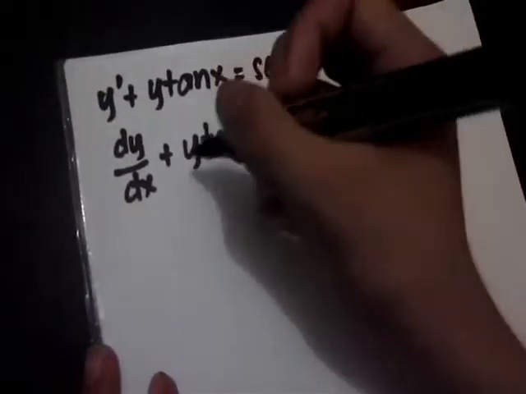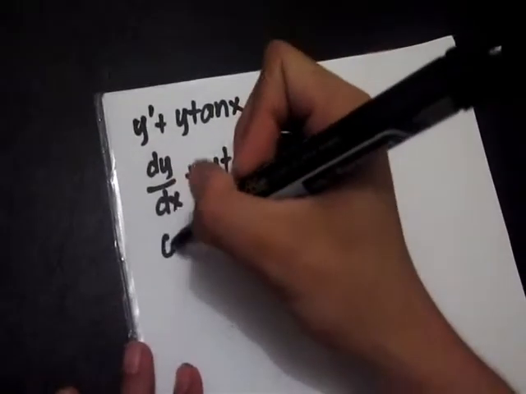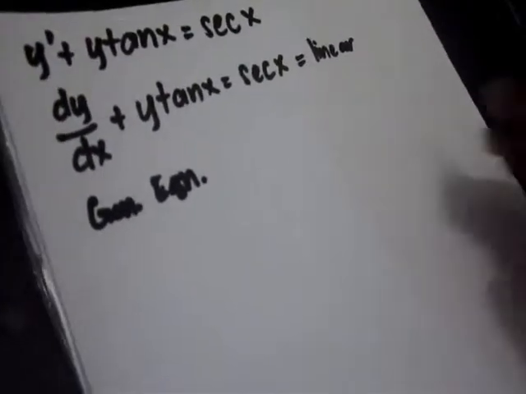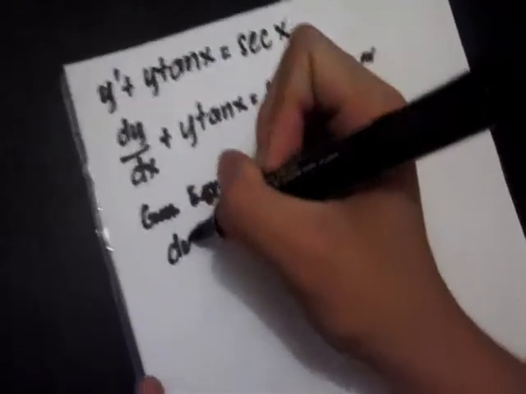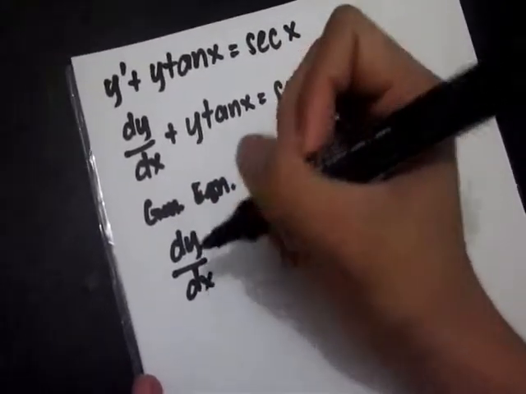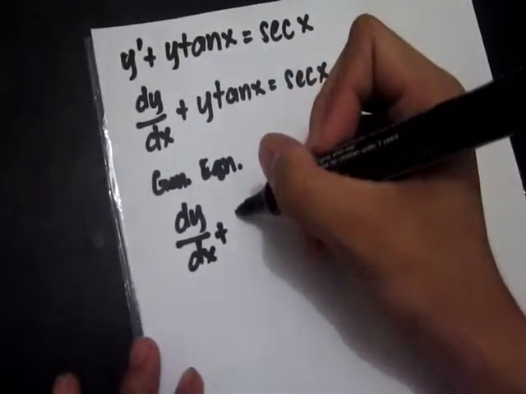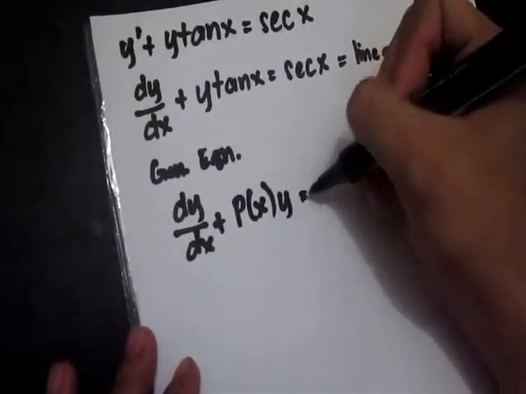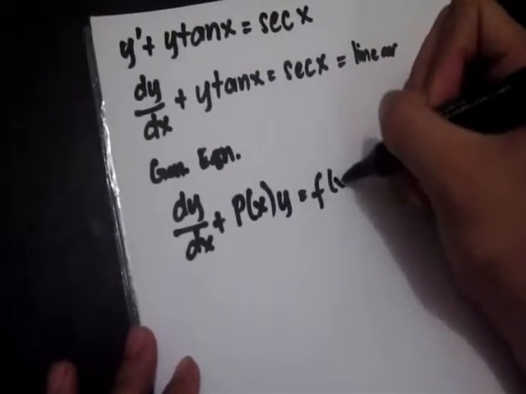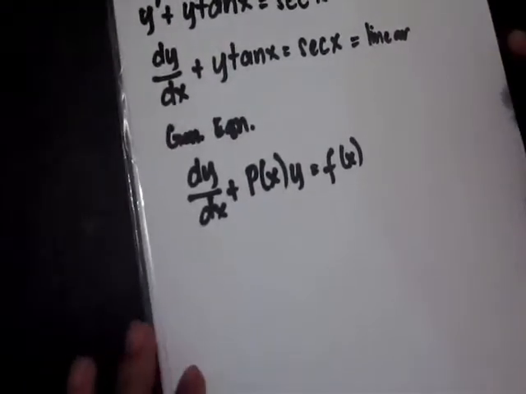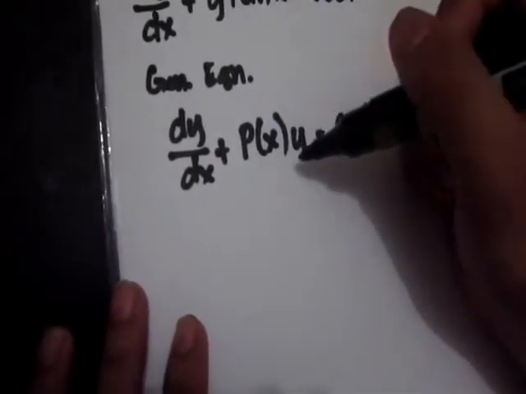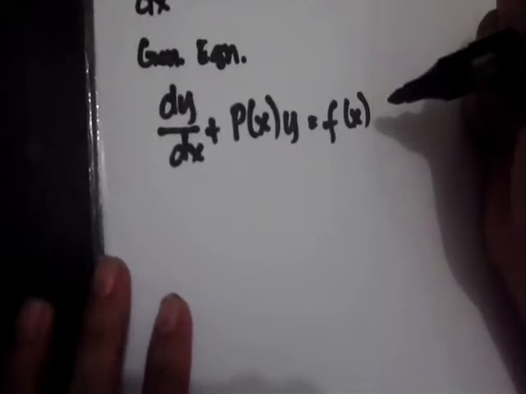It's because the general equation for a linear differential equation is dy over dx plus p of x times y equals f of x. Here, we shall determine which is the p of x and the f of x of the equation.